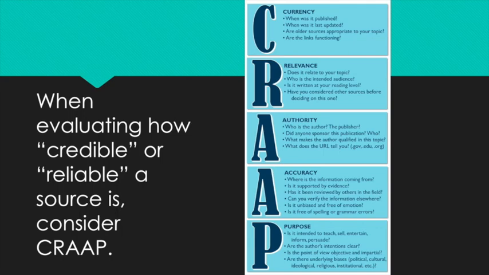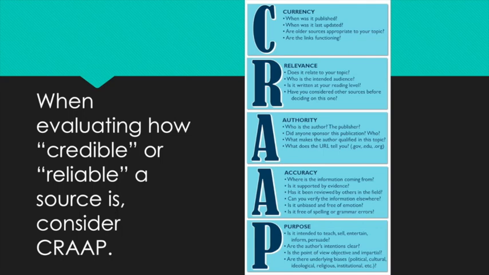Accuracy. Where is the information coming from? Is it supported by evidence? Has it been reviewed by others in the field? Can you verify this information from elsewhere? Is it unbiased and free of emotion? Is it free of spelling or grammatical errors? Okay. Purpose. Is it intended to teach, sell, entertain, inform, or persuade? Are the author's intentions clear? Is the point of view objective and impartial? Are there underlying biases?